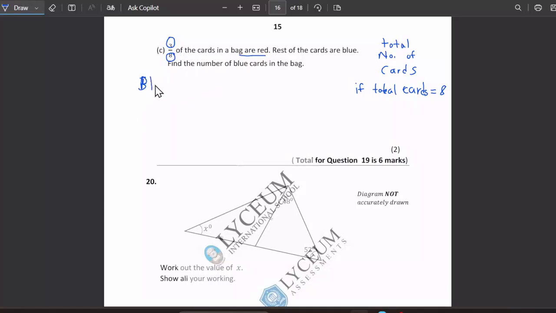I can say blue cards are 8 minus 3. So that's 5. Okay. So they haven't given us the total, so we cannot say directly how many blue cards there are, but we can assume if there are 8 cards, then 5 must be blue.